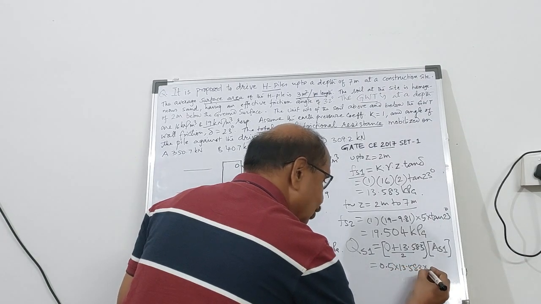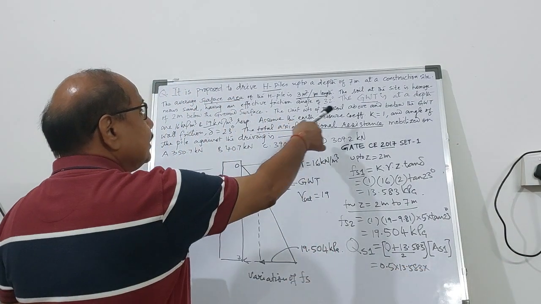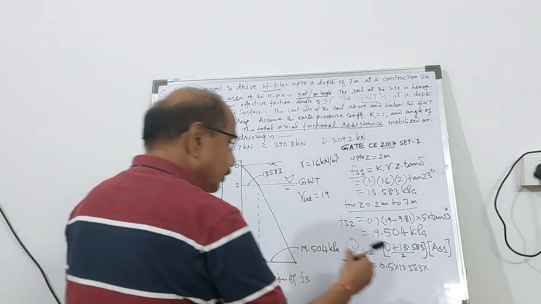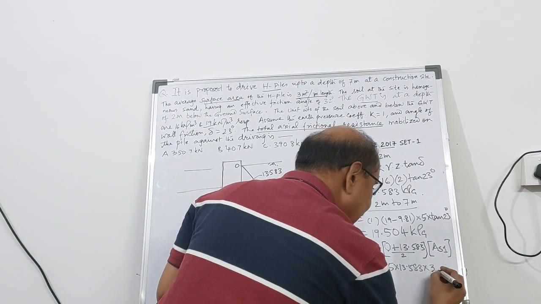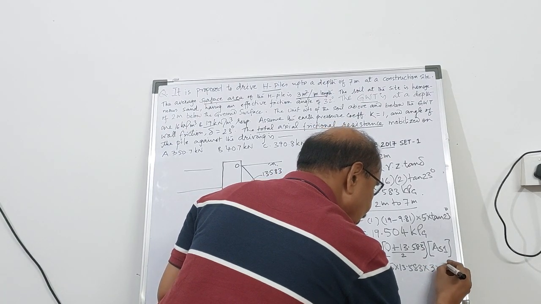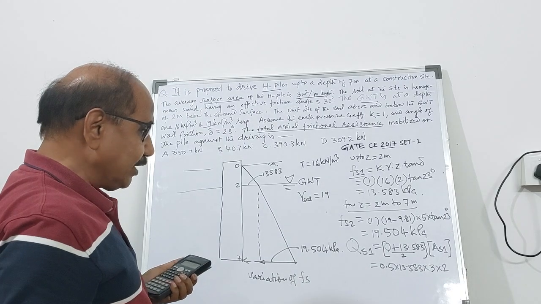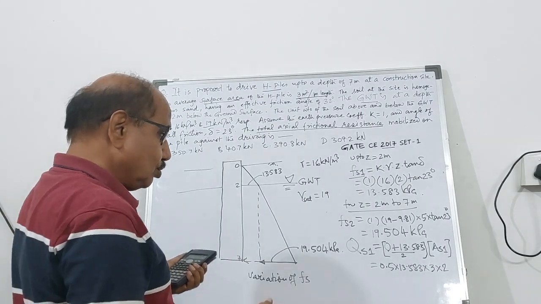It is given to you, 3 meter square per meter length. So for 2 meter the total area is 6.